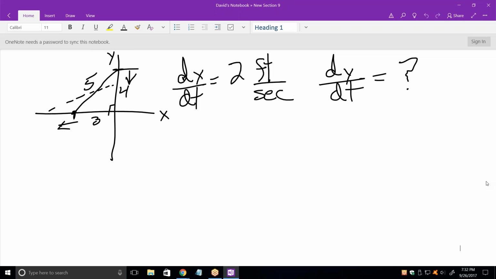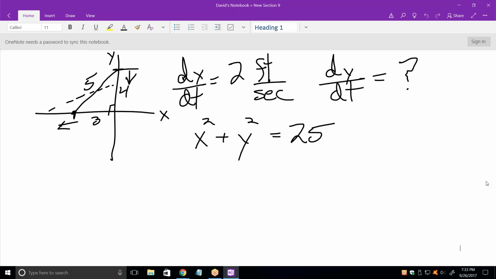I'll show you. What's the Pythagorean Theorem say here? a squared plus b squared equals c squared. Okay. So a squared in our case is x squared plus y squared equals, well, a ladder doesn't change its dimension as it falls. It's always 5 squared.